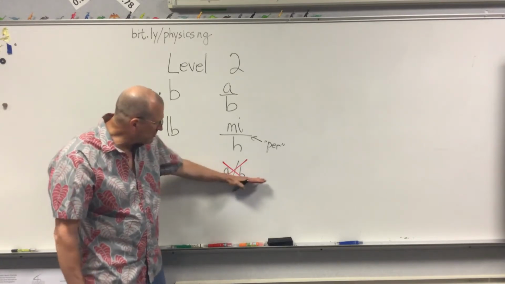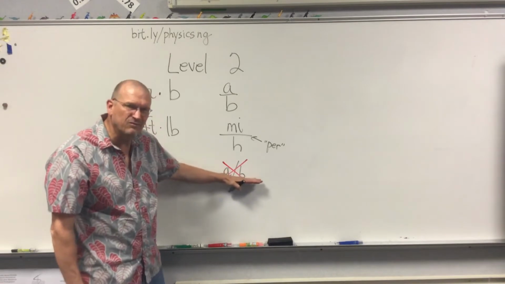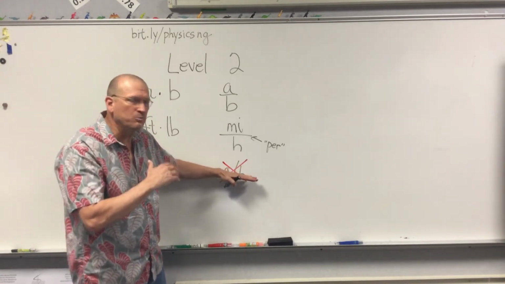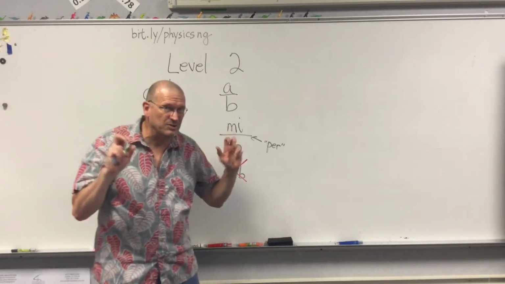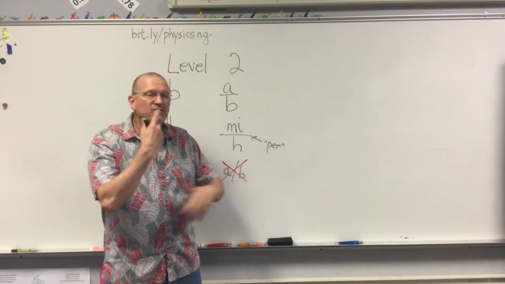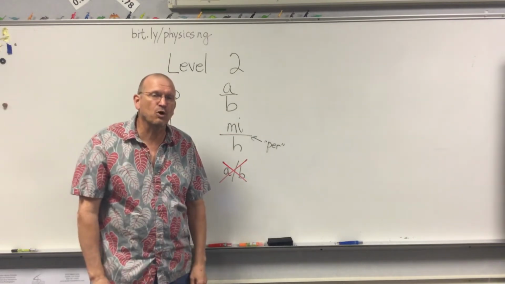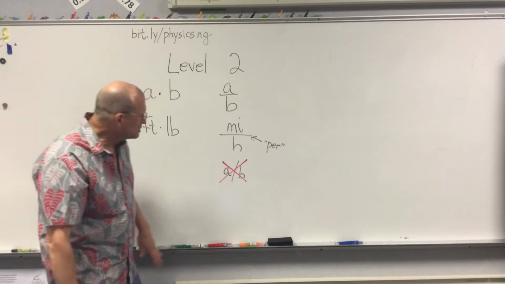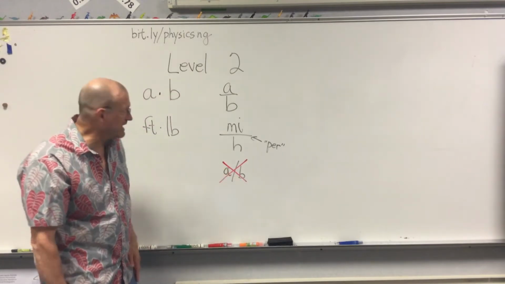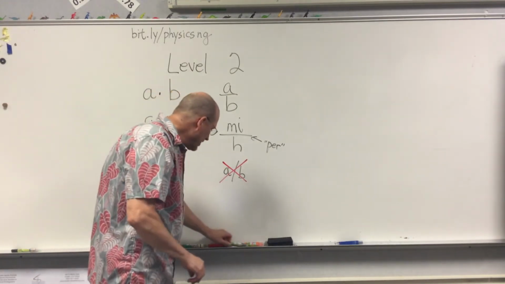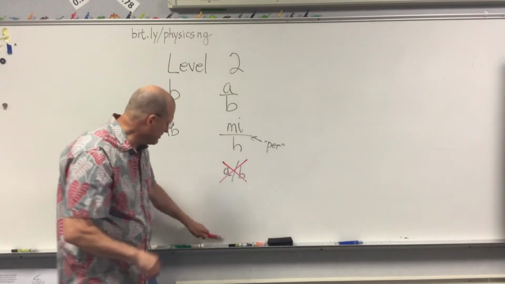Because they're both at the same level, they think they're both in the numerator, so when they start to do their diagonal thing in the unit conversion, they get stuff flipped inappropriately and they get the wrong answer. So I highly discourage that. Okay, so that's a second type of unit.